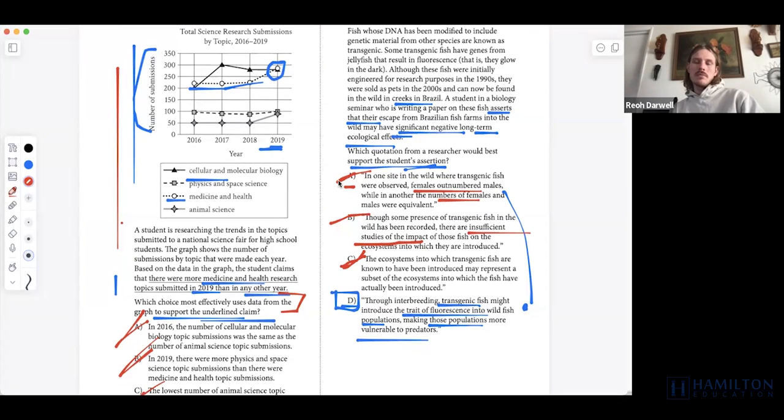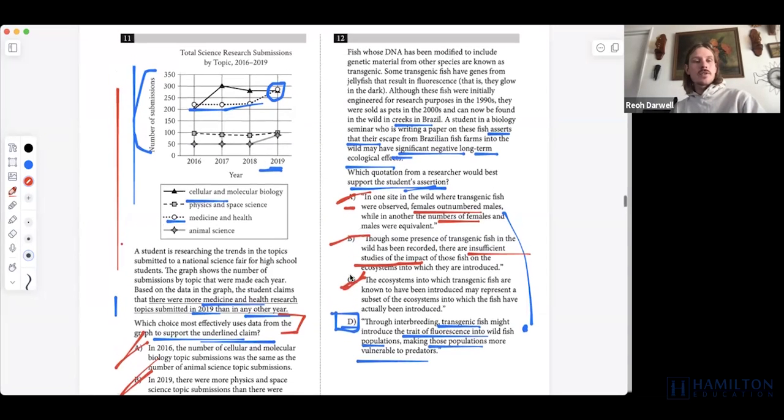We don't know where they've been introduced or whatever. Okay, so D is the only answer choice which shows any sort of clear linkage between the escape of these transgenic glow-in-the-dark fish and a negative impact in wild ecosystems.